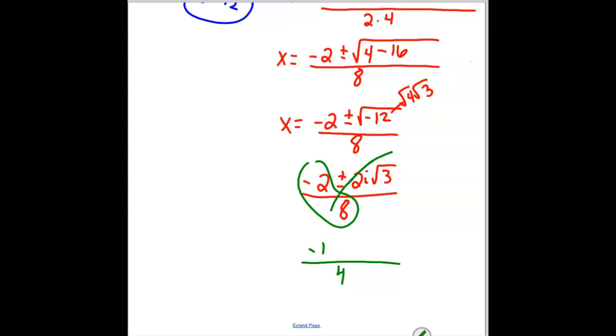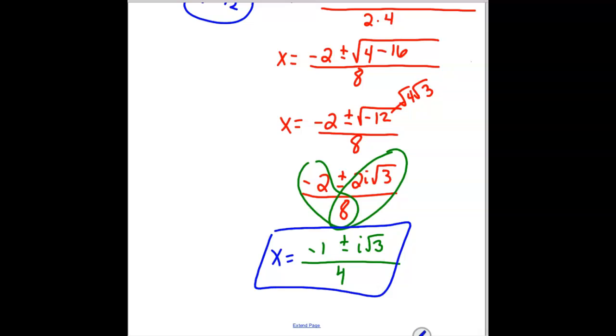And if we divide the second half of it by 2, we get just 1i root 3 and a 4 on the bottom. So negative 1 plus minus i root 3 all over 4. So that is my second and third solution.